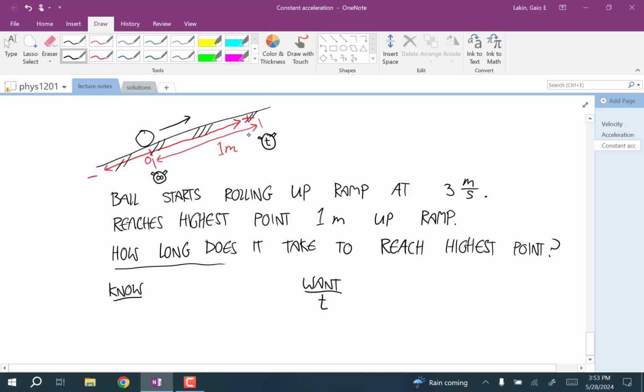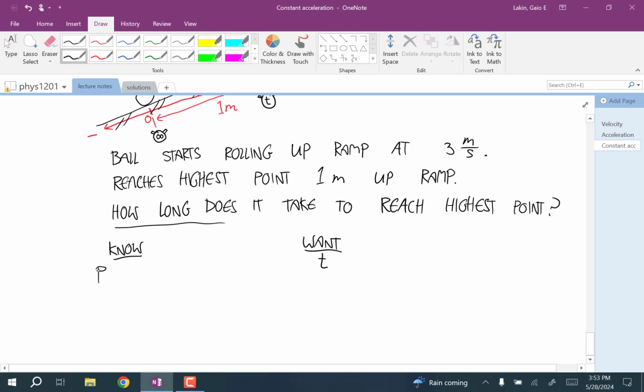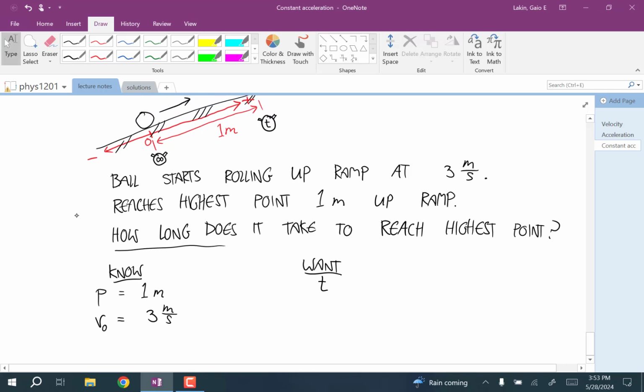That's 1 meter in the positive direction from 0. So p is equal to 1 meter. The starting velocity, we know. The speed is 3 meters per second. And then we have to think, is it moving in the positive or negative direction? In this case, it's moving in the positive direction, so this is positive.